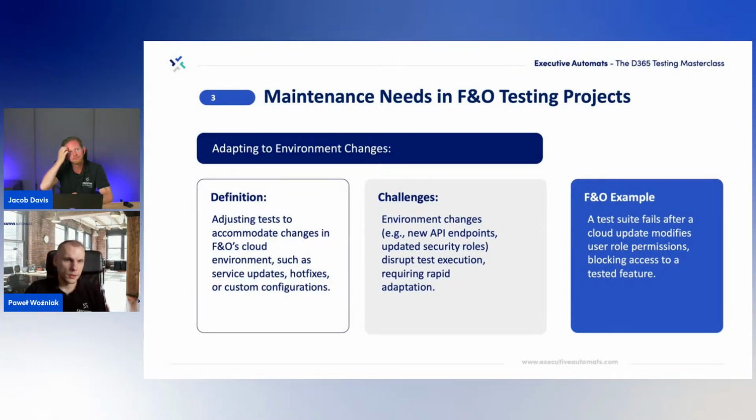This one might be even more challenging because very often we need to adapt our test cases to changes in the system itself. So with the one version pace, we might get new functionalities that we may start using in our work on a daily basis.